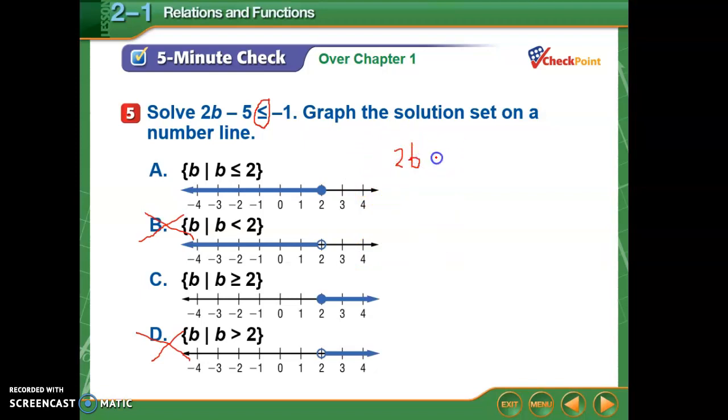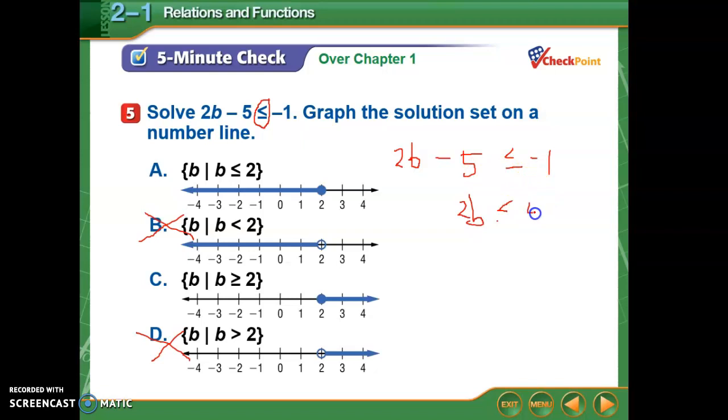So 2b minus 5 is less than or equal to negative 1. Okay, so what's your first step here? So we have to isolate b. So we need to move 5 to the other side. So that gives you 2b less than or equal to negative 1 plus 5.